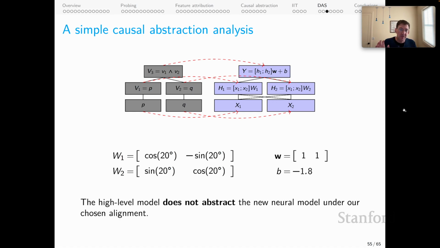Now, this model is perfect behaviorally, as I said, but it does not abstract the neural model under our chosen alignment. And that chosen alignment bit is crucial, and I'll just give you the spoiler here. What I did inadvertently is reverse the order of those internal variables. I should have mapped V1 to H2 and V2 to H1.